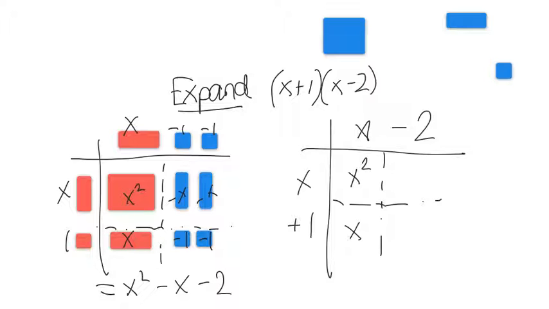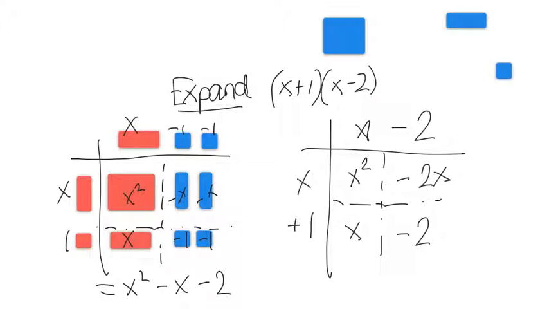Then, in this square, this space, I'm going to have -2 times x, which is -2x. Finally, in this space, I'm going to have negative 2 times positive 1, which gives me negative 2.